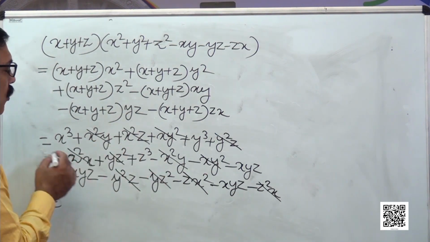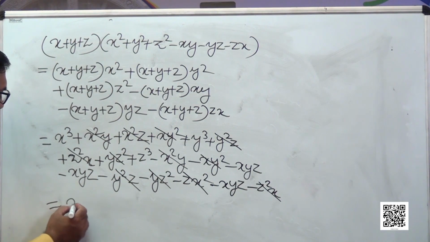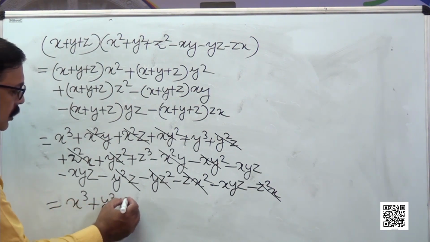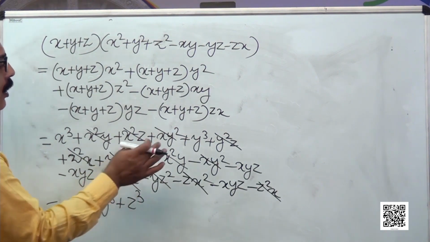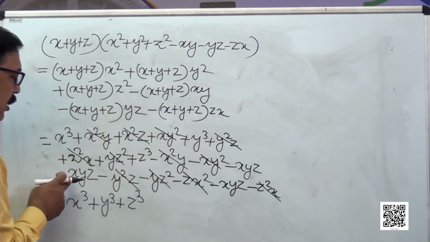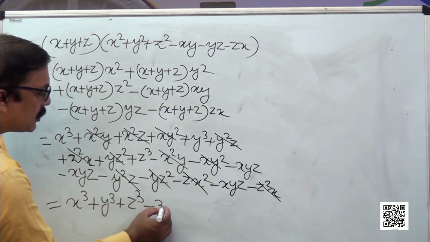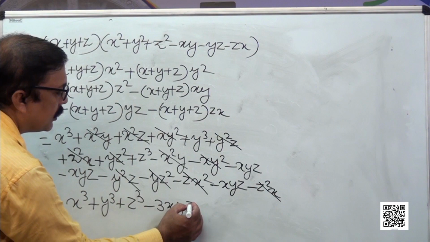In this way, we have only x cube plus y cube plus z cube, and here 1 minus xyz, here 1 minus xyz, and here 1 minus xyz, minus 3xyz.